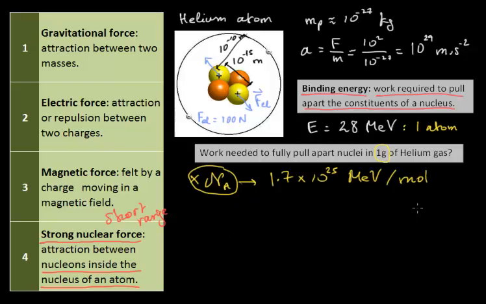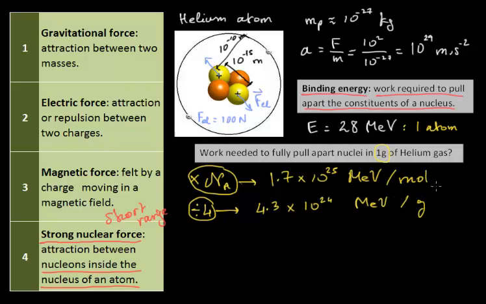Okay. So now I know from the table of elements that in 1 mole of helium I have 4 grams. Okay, so since I'm interested in 1 gram, let's divide by 4.